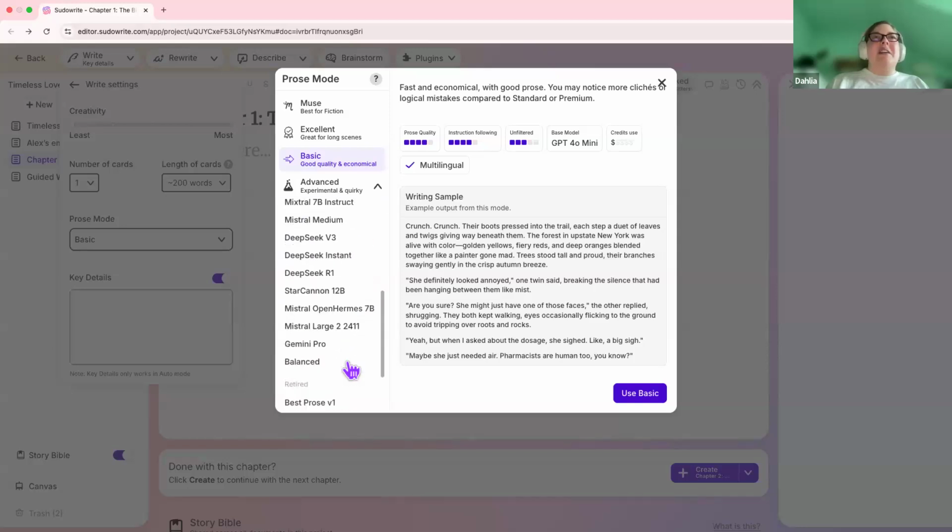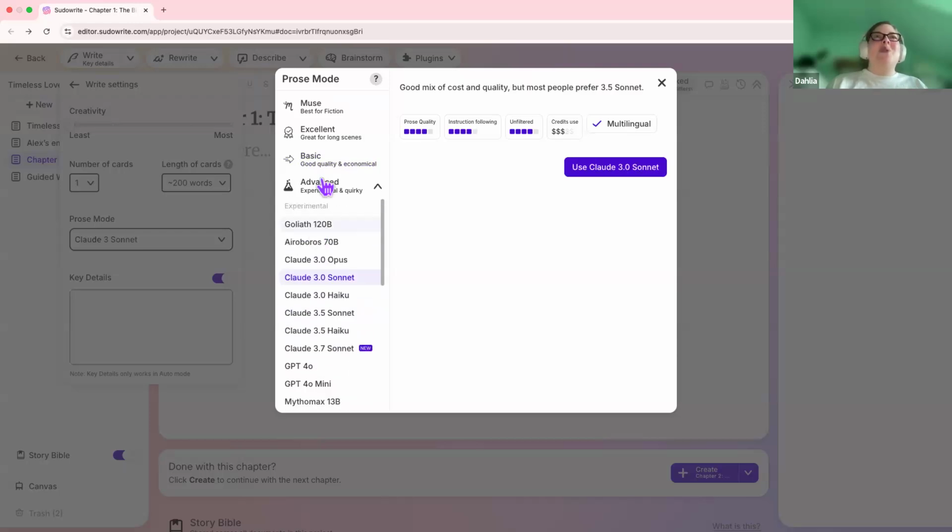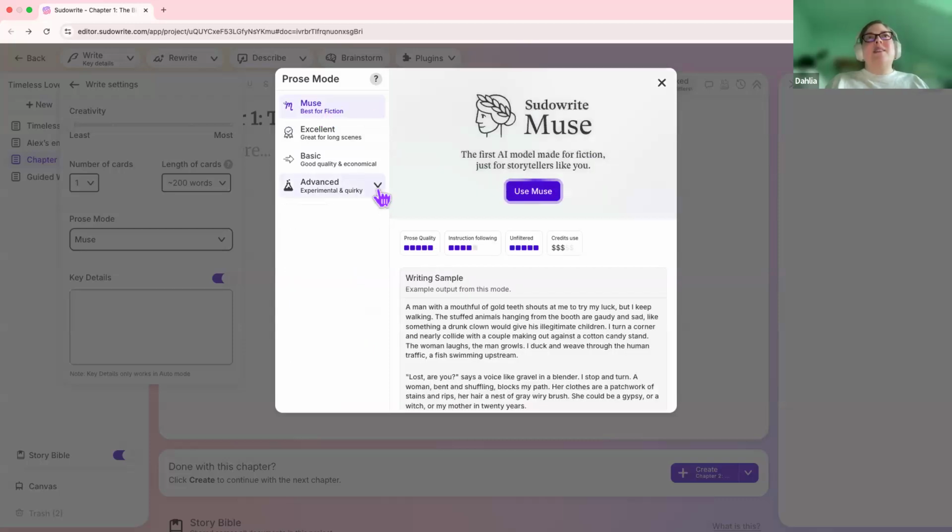But you can also feel free to experiment with these models if for some reason you don't like what you're getting with the top three. For today's session, I want to use the new Muse to see how well this works in Write.